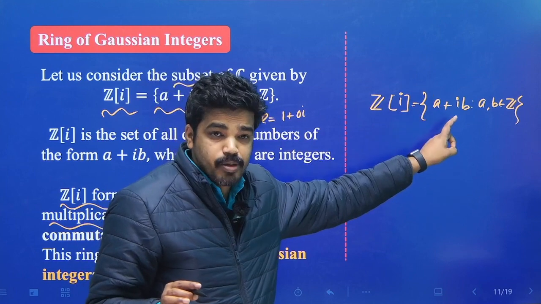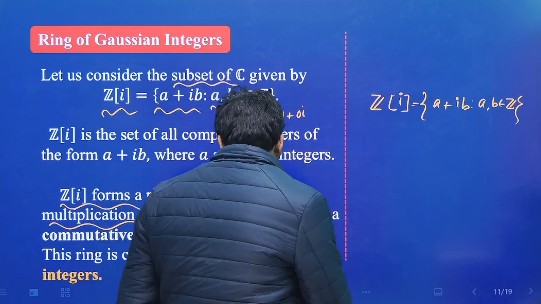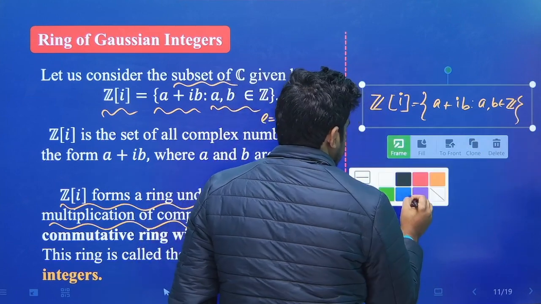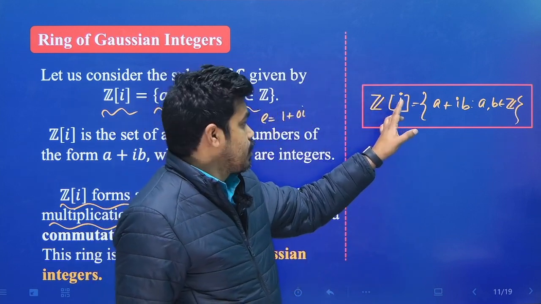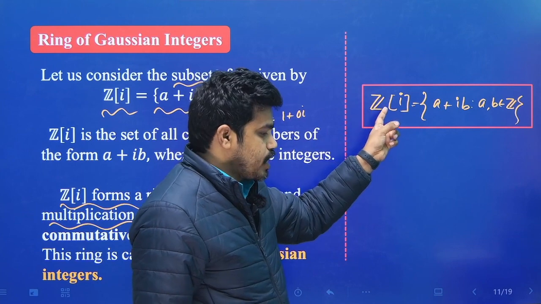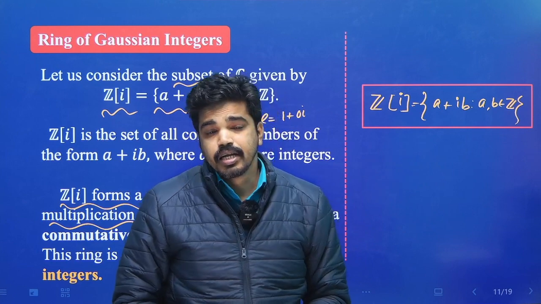A plus IB form, where A and B are integers. Getting my point? So note this, Zi is called the ring of Gaussian integers. The elements of Zi are of the form A plus IB, where A and B are integers.